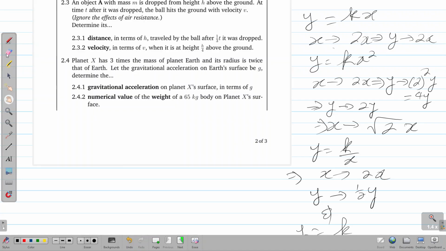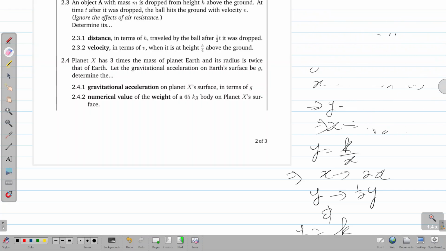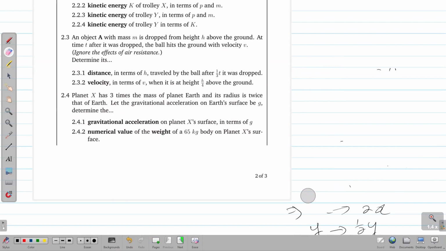2.3. So you have an object with mass m that is dropped from height h above the ground. It hits the ground after time t since it was dropped, and it hits it with a velocity v. Then 2.3.1, you want to determine the distance the object travels in a third of the total time since it was dropped.